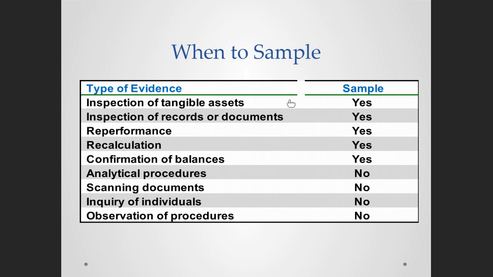Again, we're going to learn each one of these procedures in much more detail as we go through our chapters. The first procedure listed here is inspection of tangible assets: actually physically looking at the condition and the number of tangible assets the business owns. Tangible assets include computers, furniture, vehicles, buildings, inventory items.